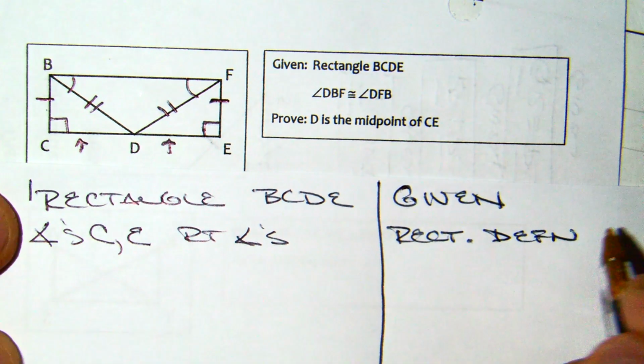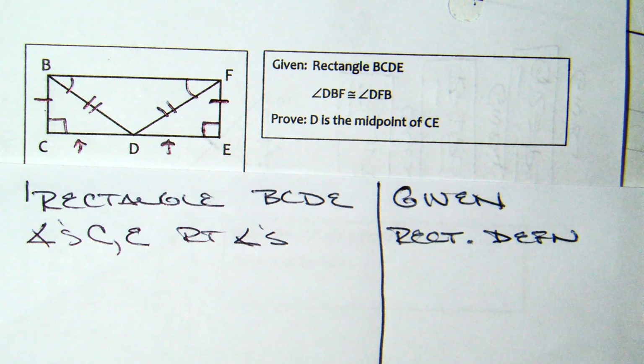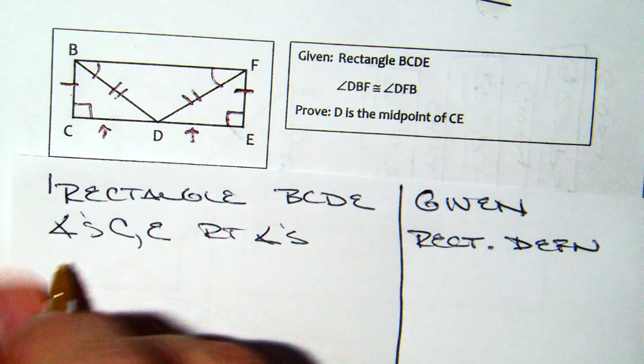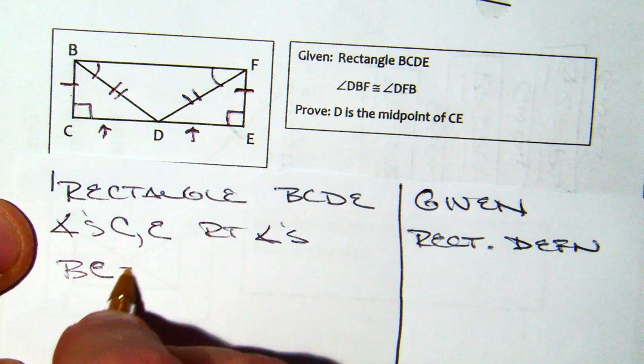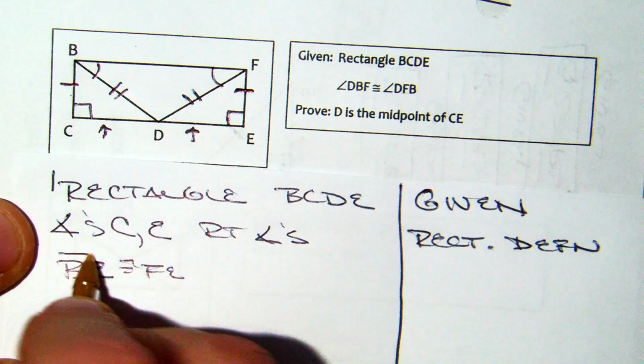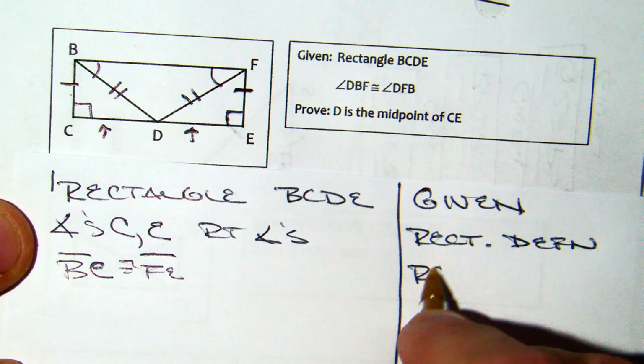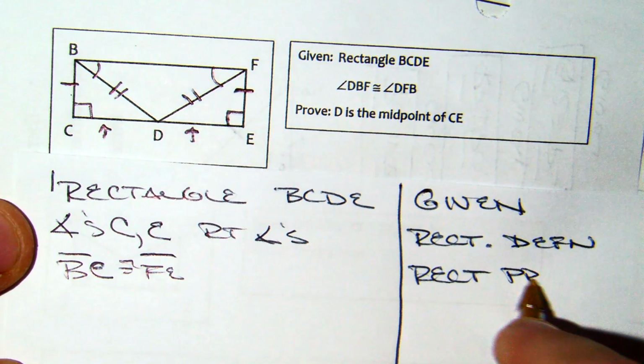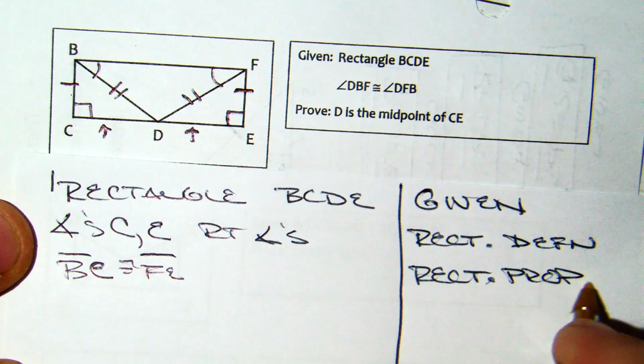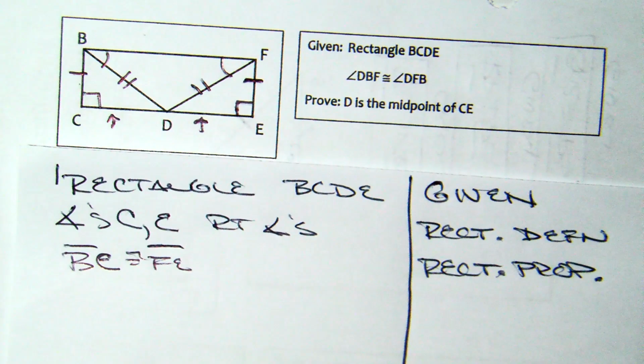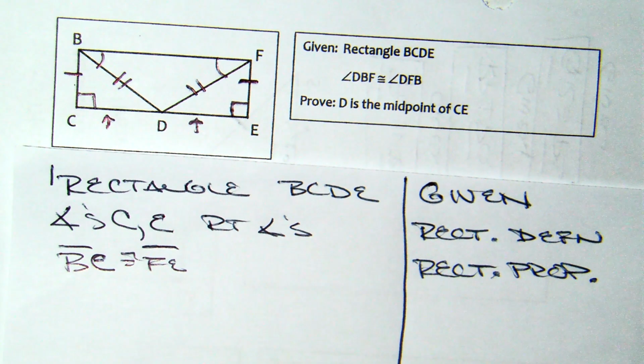Or you just say angles of a rectangle measure 90 degrees. BC is congruent to FE. Rectangle properties. Again, if you don't want to distinguish between the two, I understand. Just write what it is. Just say opposite sides of a rectangle are congruent.